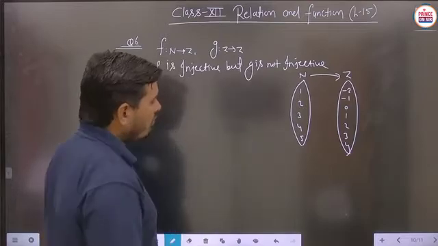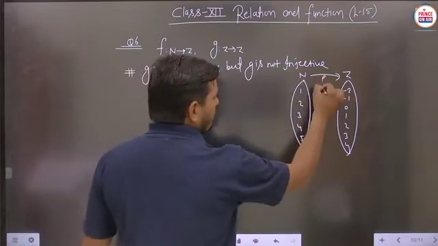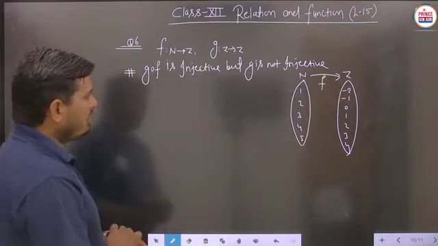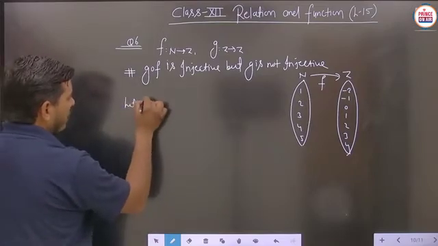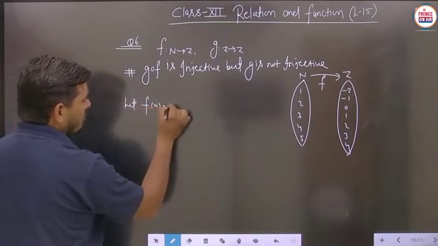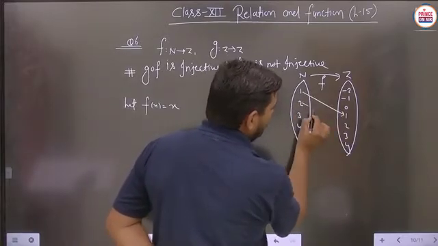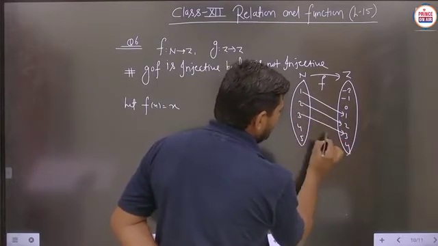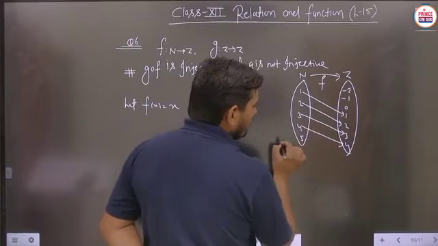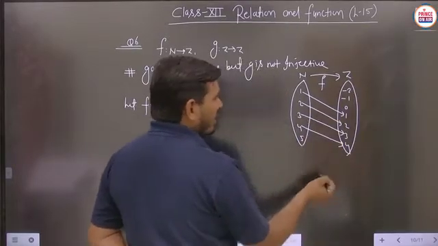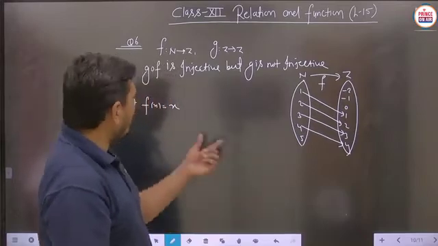Let f of x equals x. This means 1 goes to 1, 2 to 2, 3 to 3, 4 to 4, so each and every element has the pre-image according to the given definition.